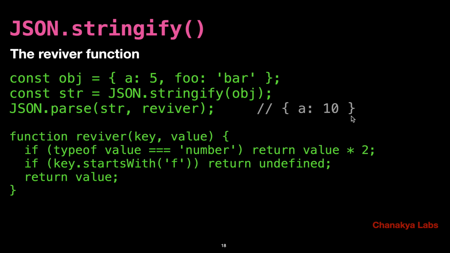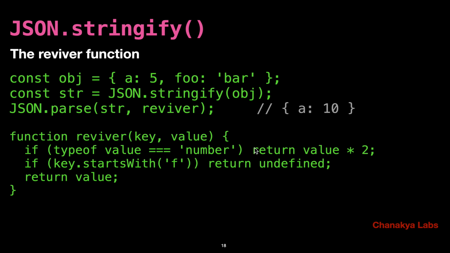I was saying that foo has to be deleted, but apart from foo deleted, I also have to, let's say, double this 5 to 10, right? So you can use this sort of reviver function where you say, whenever my value is a number, then just double that number. And whenever my key starts with F, then return undefined, which means that I will delete that key value pair altogether.